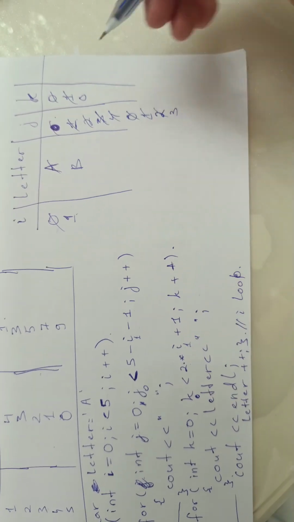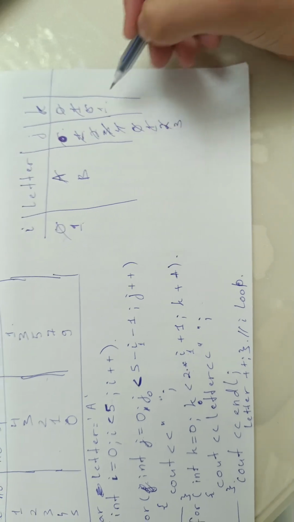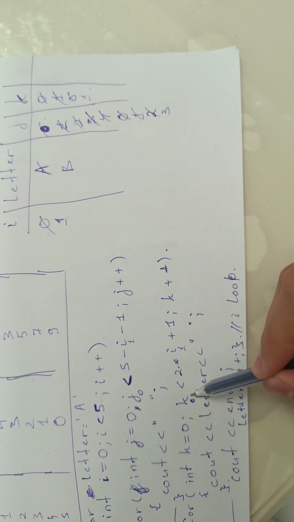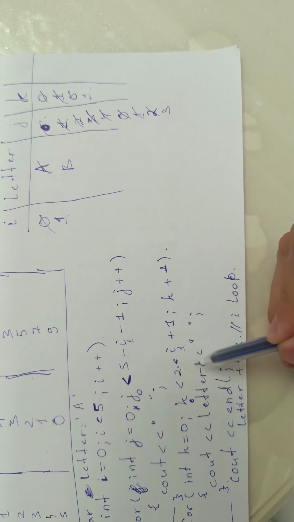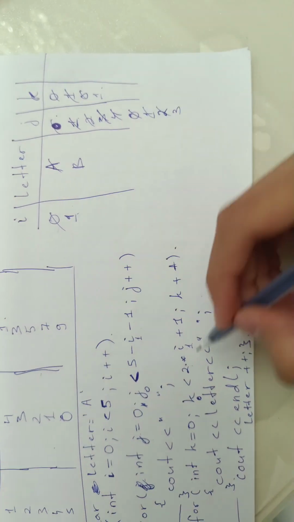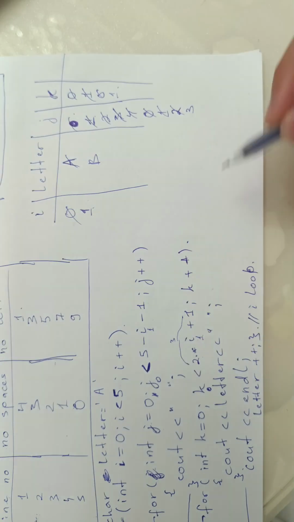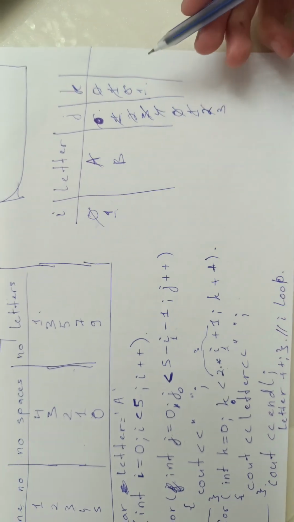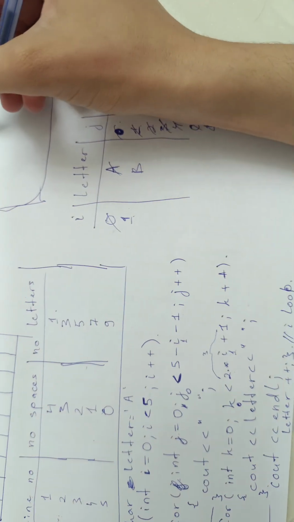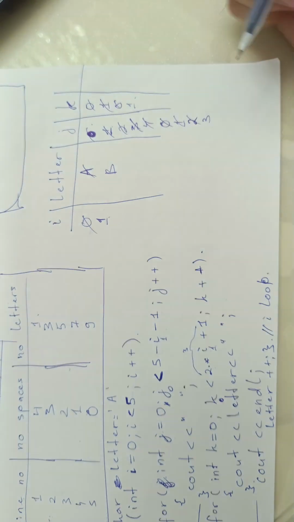Then K checks 1. 1 is less than 3, so there will be 1 more B printed out and 1 space.